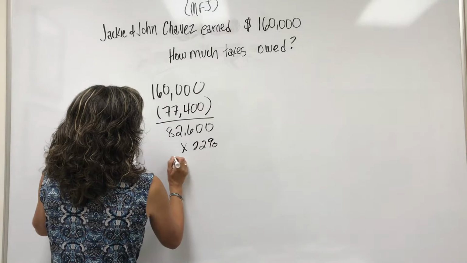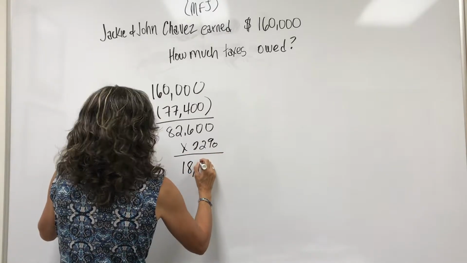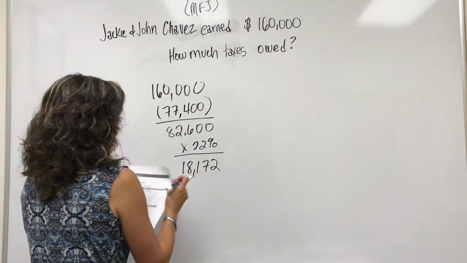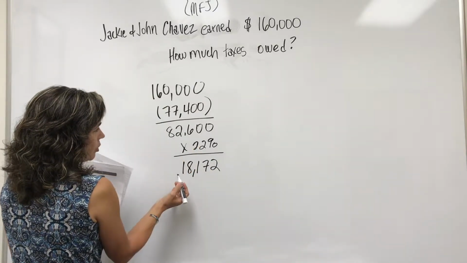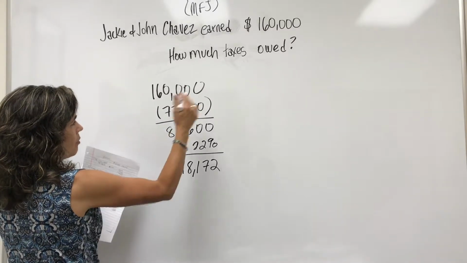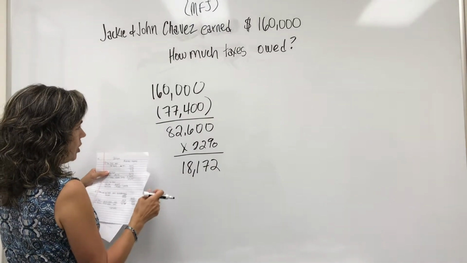Multiplying that comes to 18,172. This is how much is at the 22% tax bracket. Anything above the bottom of the bracket, it tells you what percentage to use, so that's 22%.